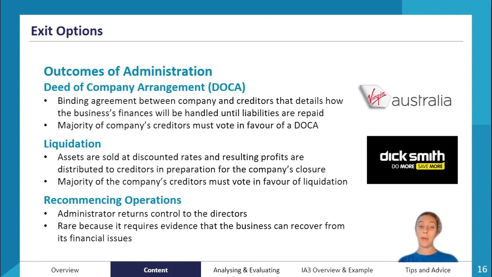Once a business has gone into voluntary or involuntary administration, it usually goes one of the two ways that we've just gone through, but recommencing could be an option as well. So the administrator who is doing the investigation may return control to the directors.